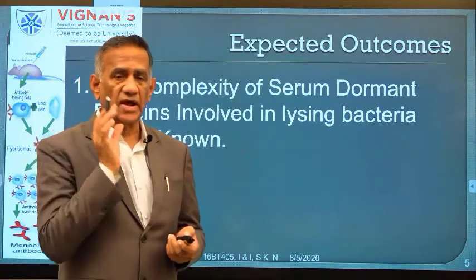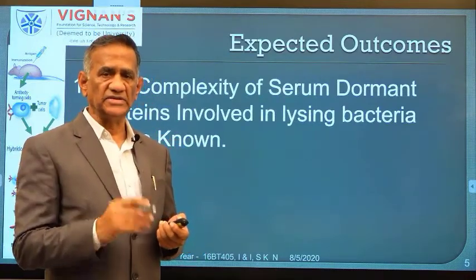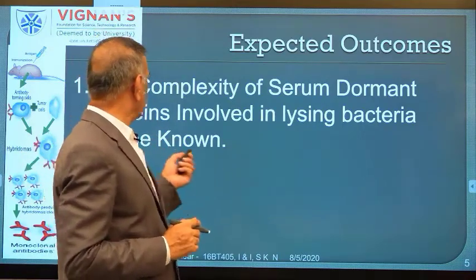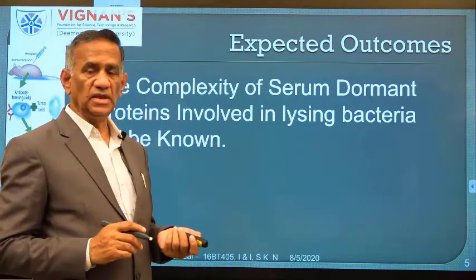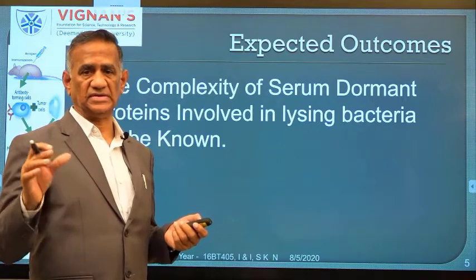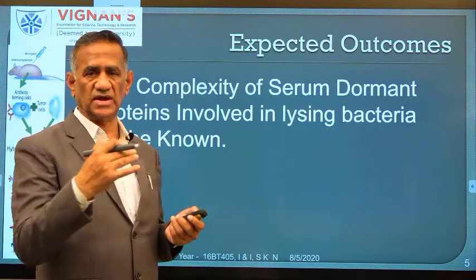Now, the expected outcomes of this particular topic, the complement system, are as follows. The complexity of the serum dormant proteins involved in lysing bacteria will be known. It is not simply one complement protein that comes and makes the bacteria get lysed. There is a series, a cascade of events. That cascade of events we have to understand.